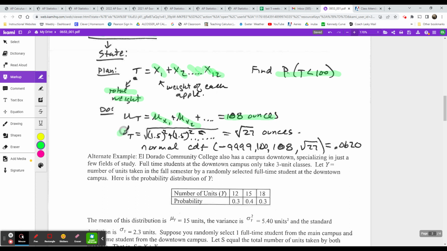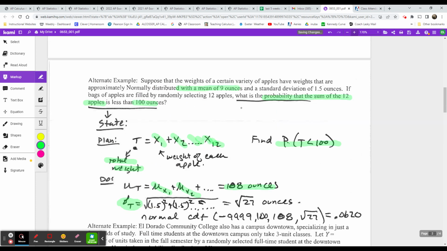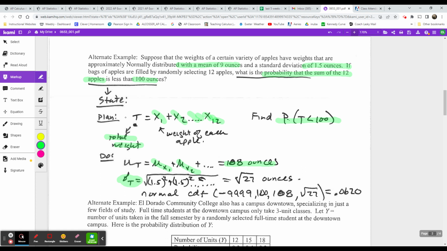This became a point of discussion in class. Can't we just multiply the standard deviation by 12? No, you can't. We did that the day before because we were multiplying the mean by 12, which creates a bigger standard deviation. We're not doing that here. We're adding each expected value together to get a total weight.